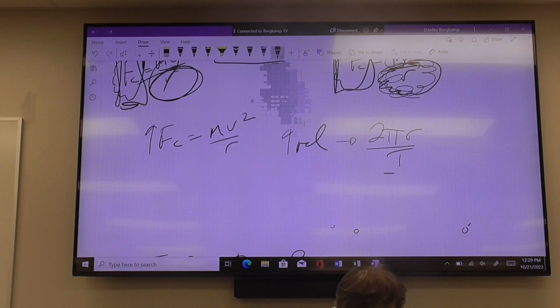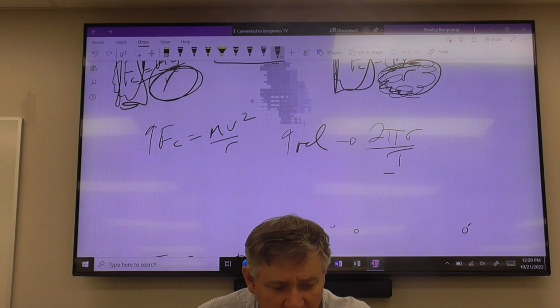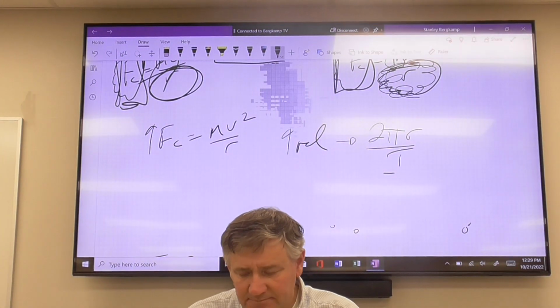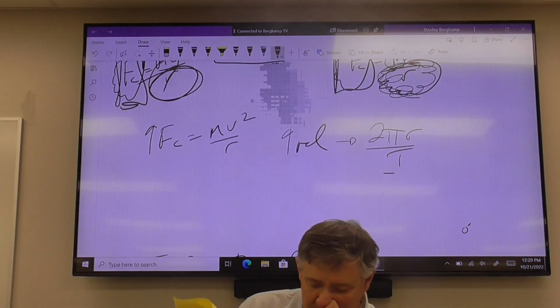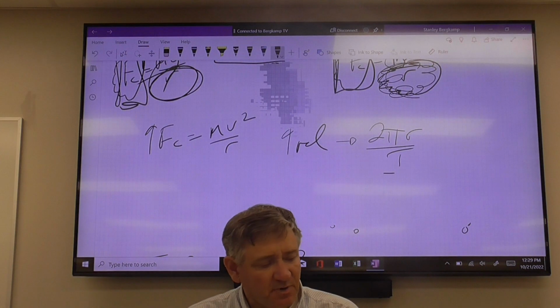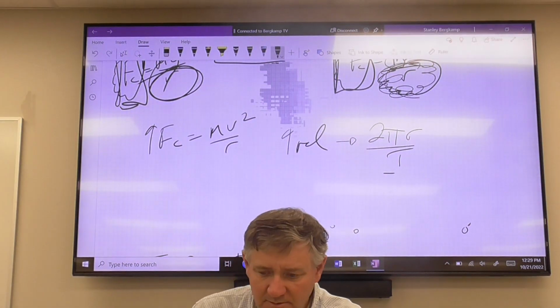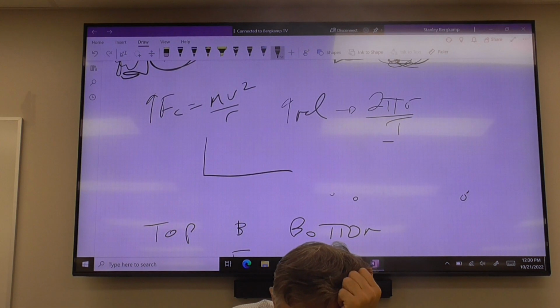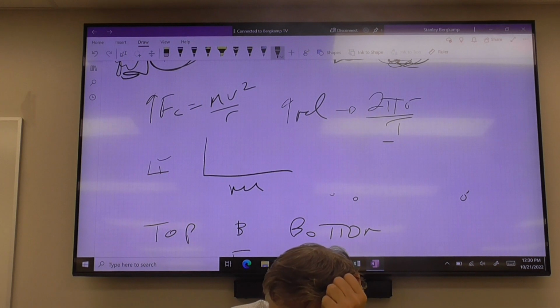So on trials 1 through 4, you're going to make a graph. You're going to put velocity on the x-axis and centripetal force on the y-axis.